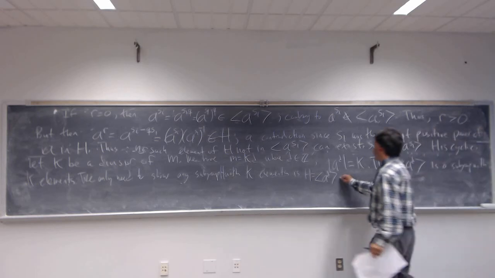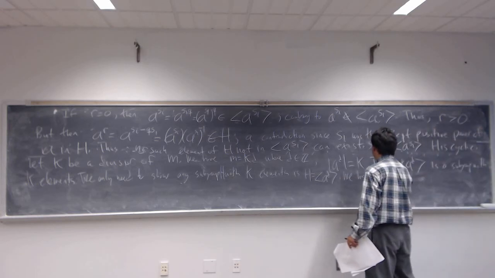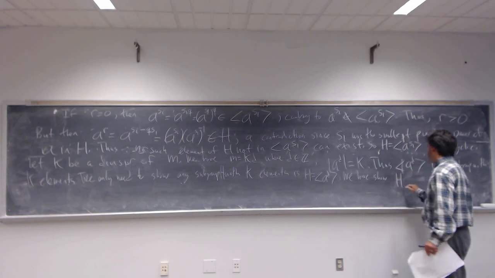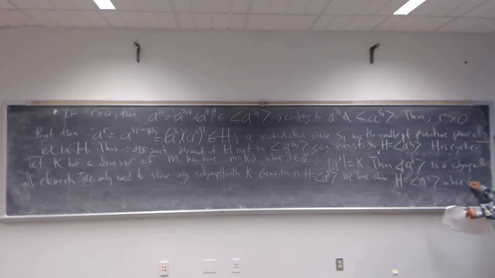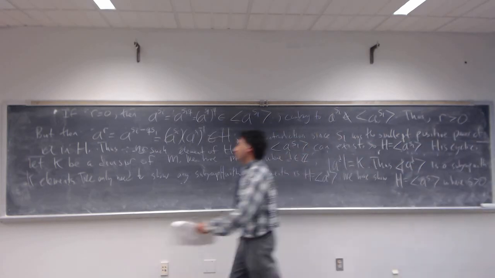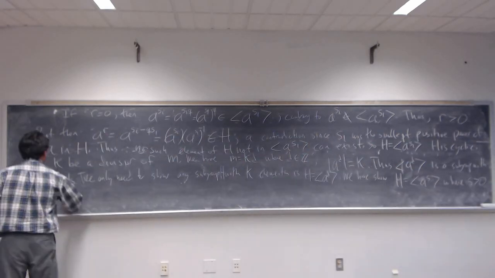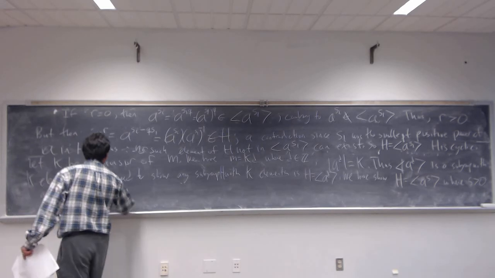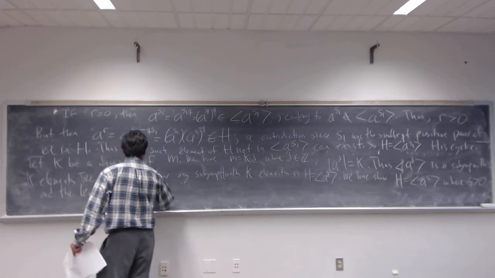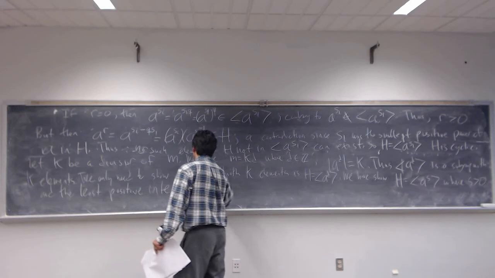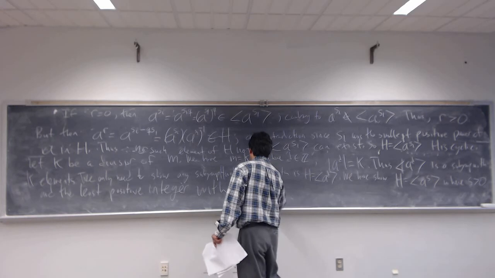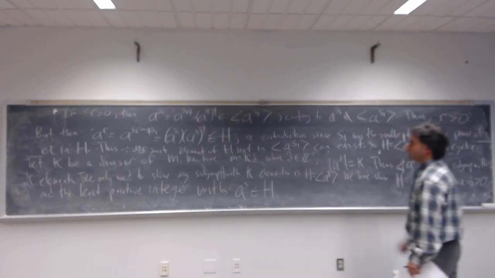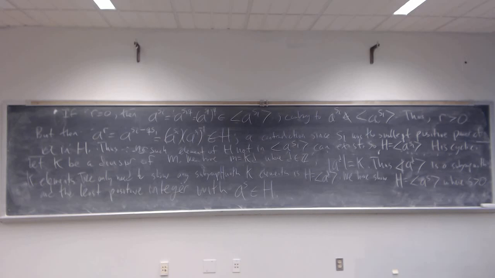So we've already shown, in our proof, that H is the cyclic subgroup generated by A to the S, where S is the least positive integer with A to the S in H. Again, let's not forget our whole group G is cyclic, a finite cyclic group with M elements.